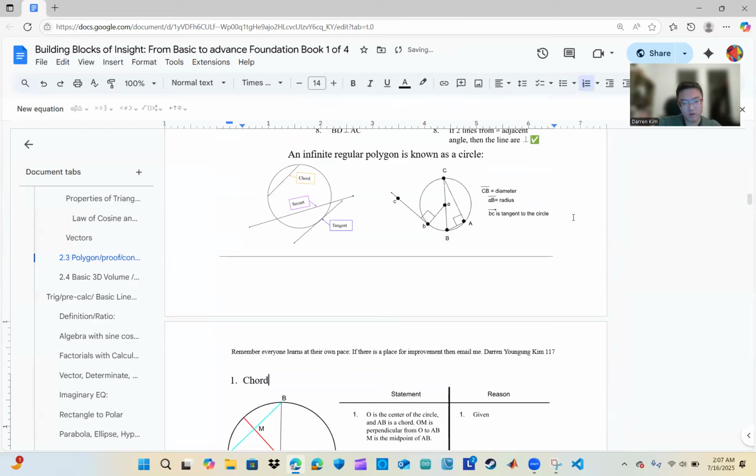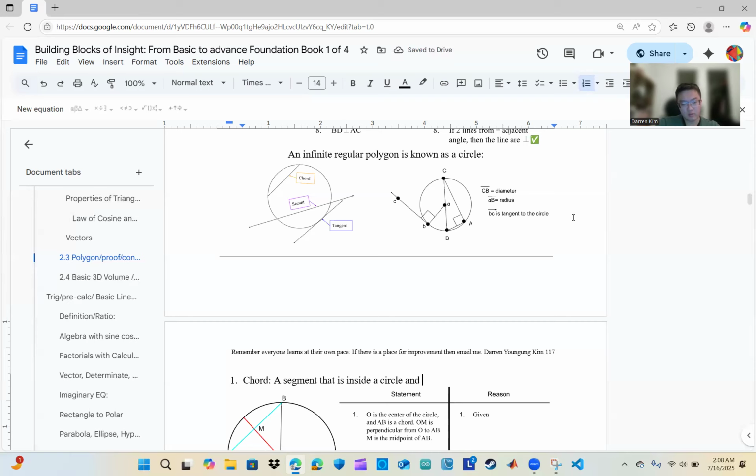Chord: a segment that is inside a circle and touching the edges and not intersecting.